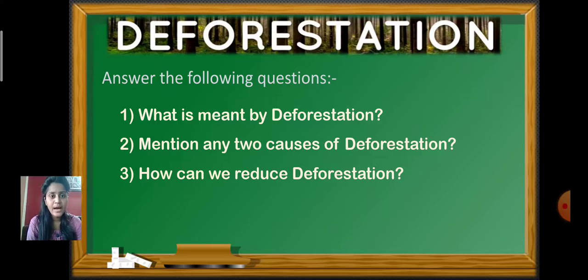How can we reduce deforestation? Anything. Yes, very nice. We can reduce deforestation by planting more and more trees. Have you all understood what deforestation is, its causes, its effects, and that we have solutions also?